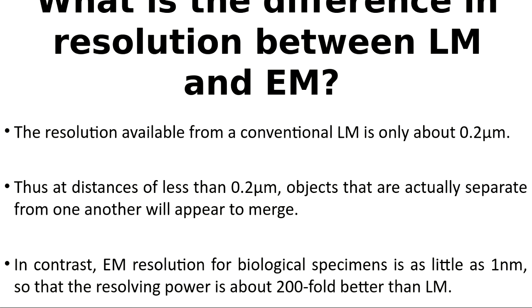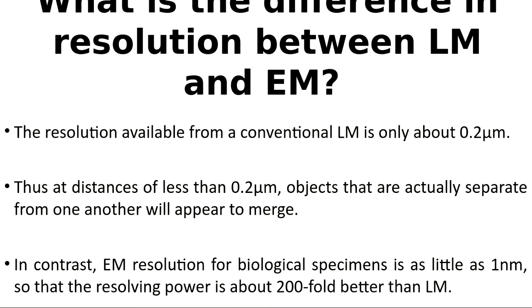Thus at distances of less than 0.2 micrometer, objects that are usually separate from one another will appear to merge. In light microscope, what is the resolution level? 0.2 micrometer. In electron microscope, it is 1 nanometer, so the resolving power is 200 times better than light microscope.